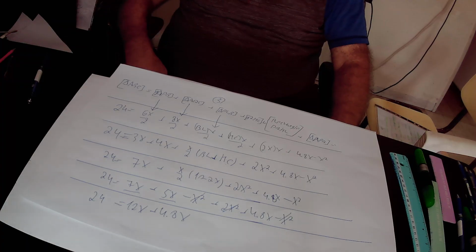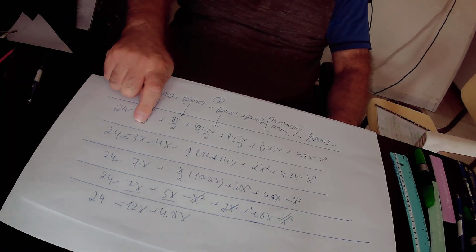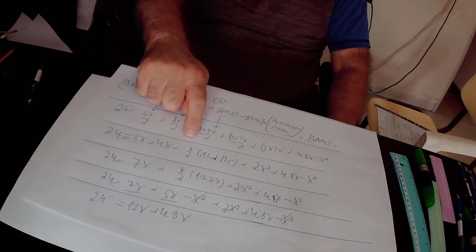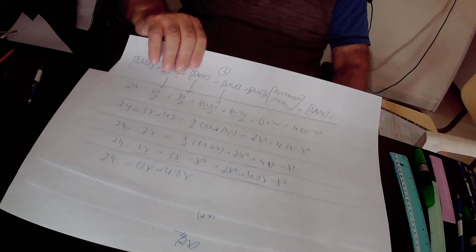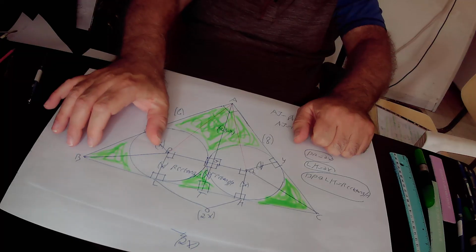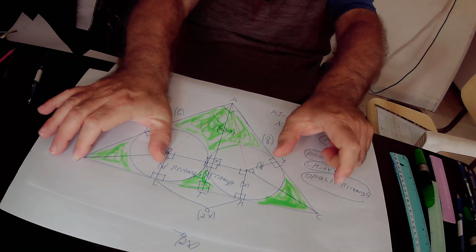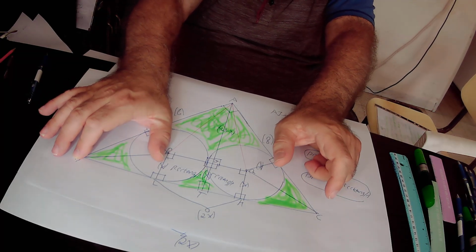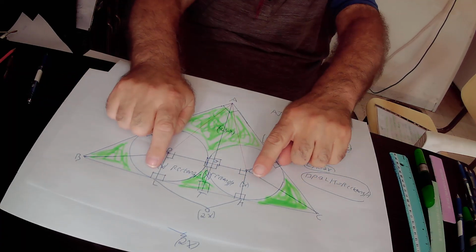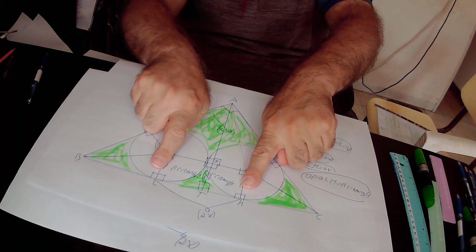We continue to simplify this expression. We have 24 equals 3x plus 4x is 7x, plus x over 2 times BL plus KC. We have to express BL plus KC in terms of numbers. From the drawing, it's very easy to see that if you remove from side BC this line segment NK, what is left is BL plus KC.